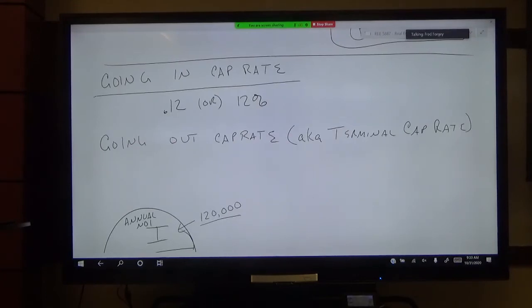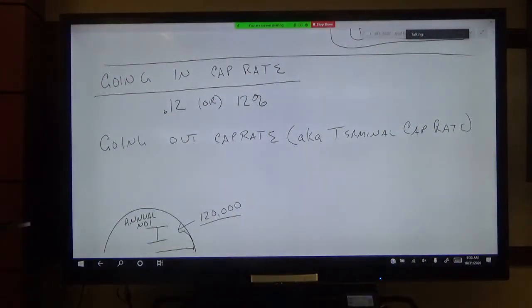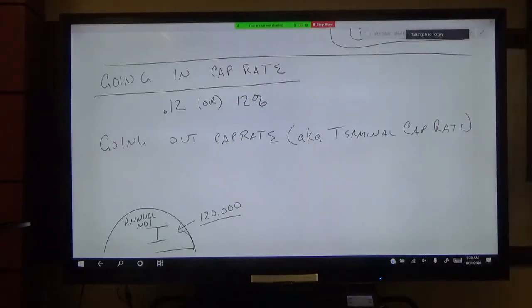Now, the going-out cap rate, or the terminal value cap rate, is when you sell the property. What the cap rate is there is going to be predicated on typically what the next year's worth of income is predicted to be.